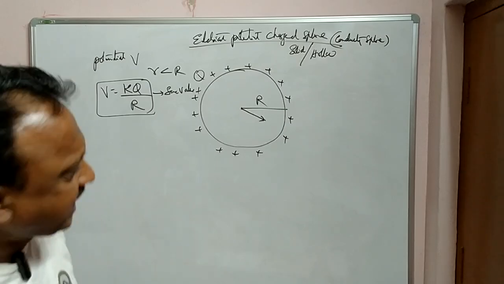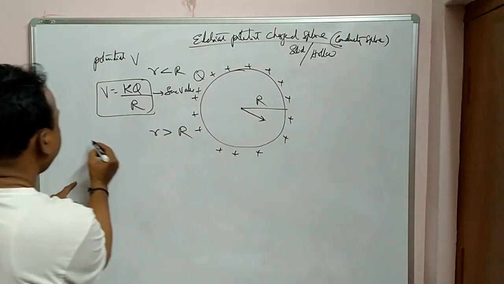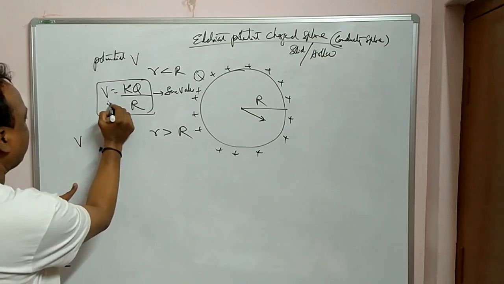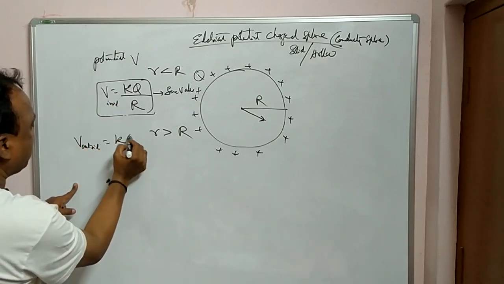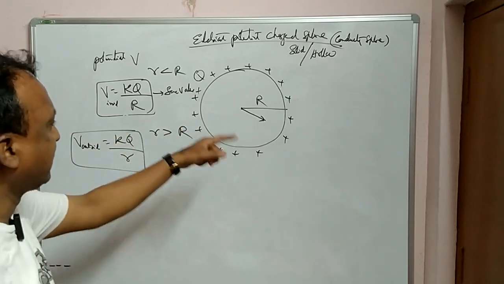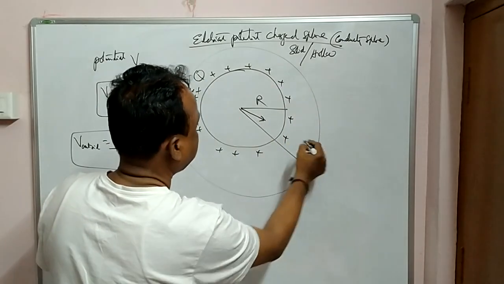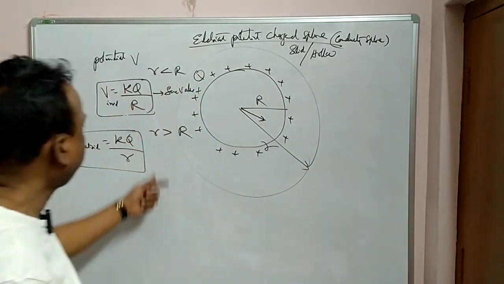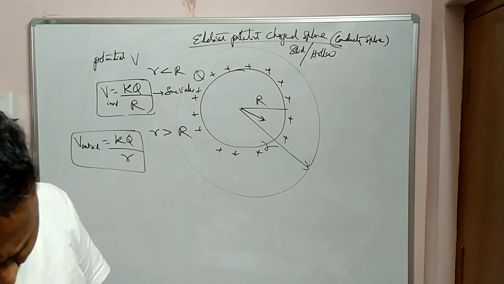And if you want outside, here r is greater than capital R. This is V inside, V outside: KQ by small r. Because here r is greater than R, this is the radius R. So, since r is greater than R, here it is KQ by small r outside.